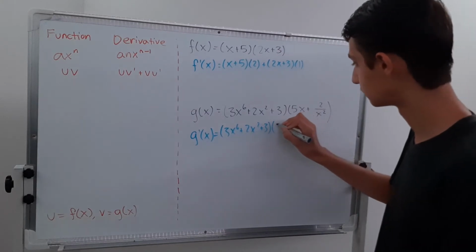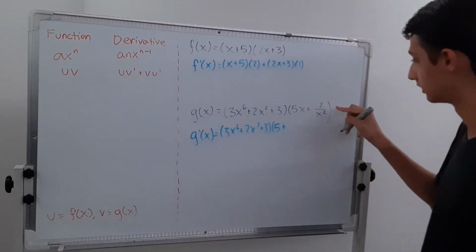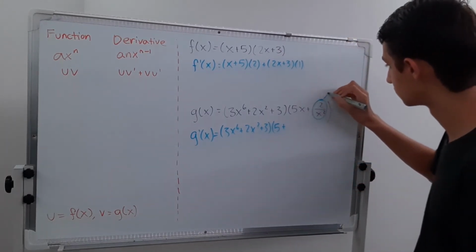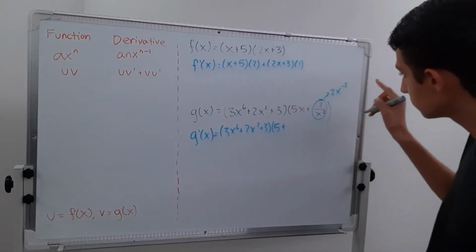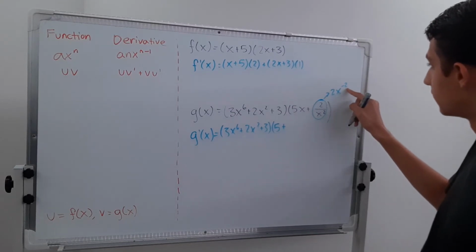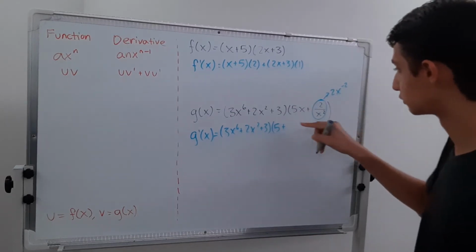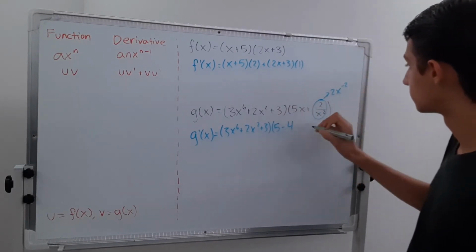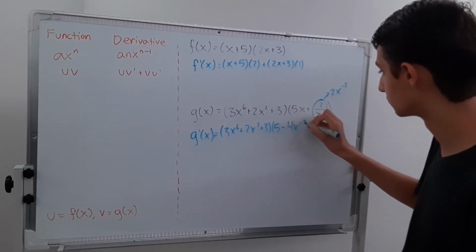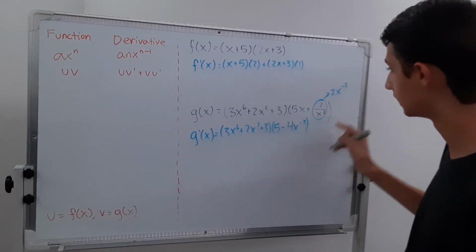Again, this is just 5 plus, okay, this is just 2x to the negative 2. And the derivative of that, negative 2 times 2 is negative 4, so we're just going to erase that. That becomes negative 4x to the negative 3. Okay, and that's it for that.